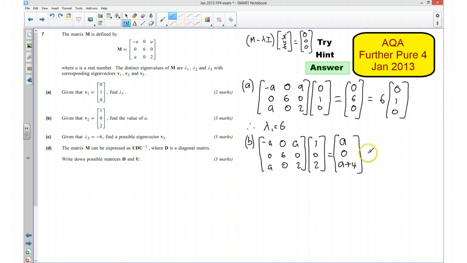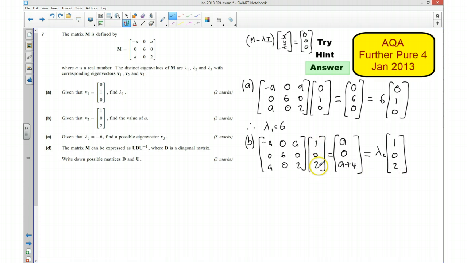Okay, right, so that's what we've got, and now we want to show that this is going to be a multiple of this eigenvector here, and we'll call that multiple our second eigenvalue.